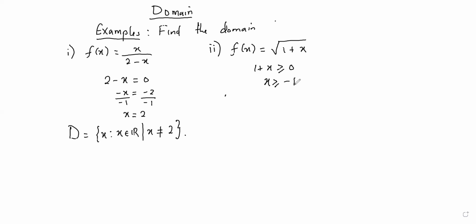And so we are saying then the domain is going to be x, a real number, such that x is greater or equal to -1. So if it's a root, we are talking about it not being negative. So slowly we are adding, okay?